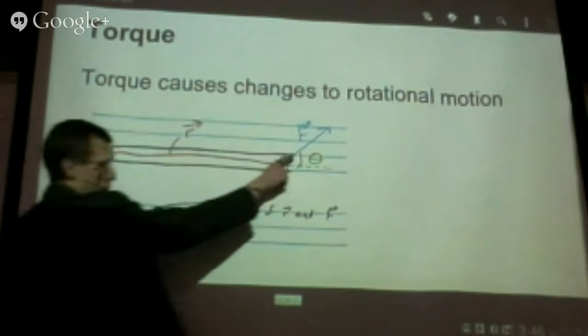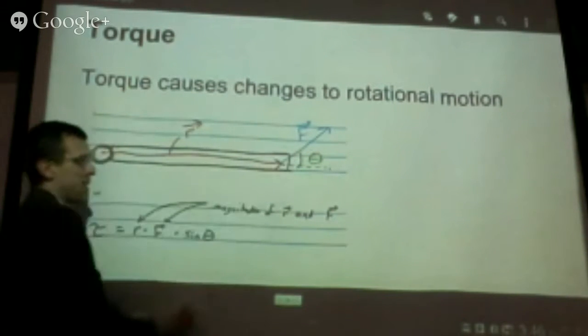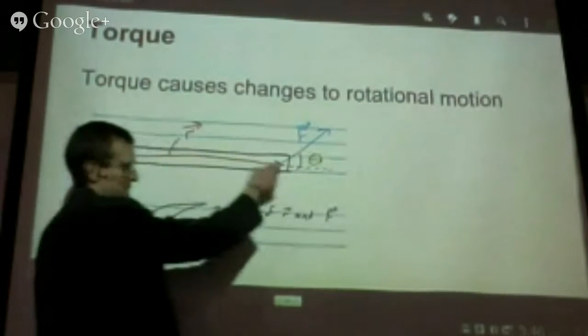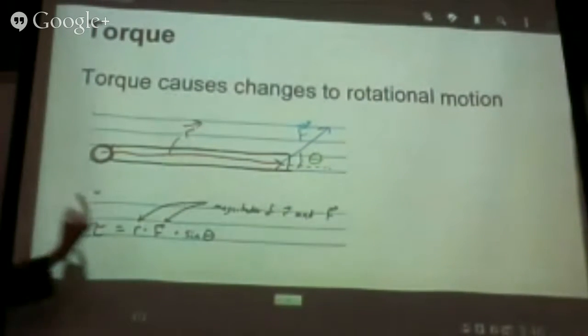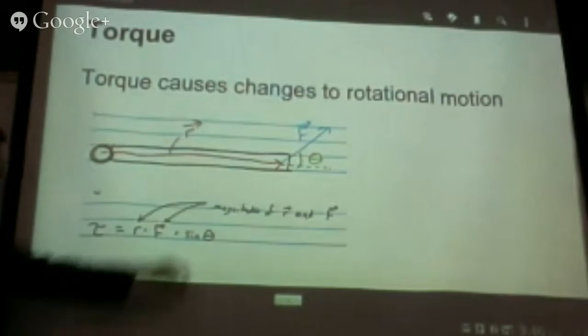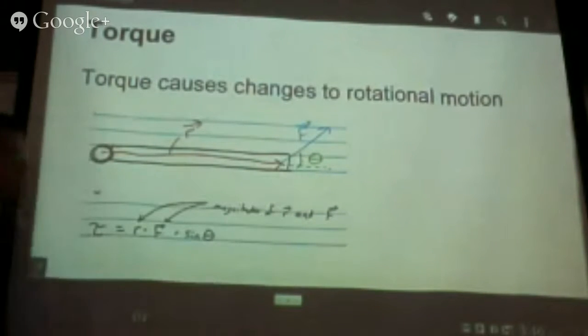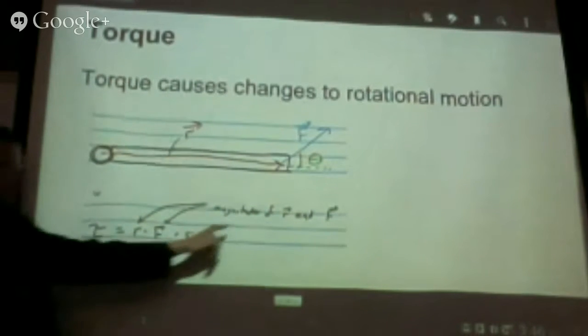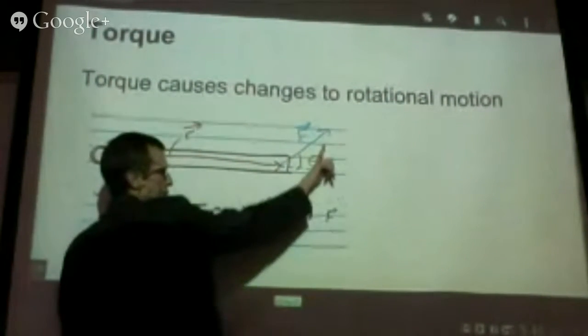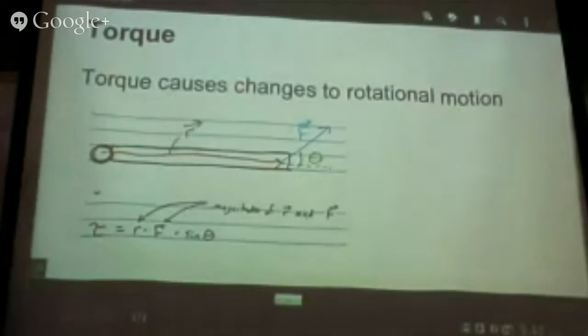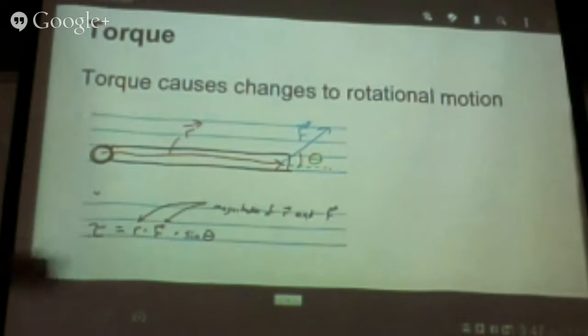So this force points up and to the right. The part that's to the right doesn't make this door rotate. It's only the part that's upward that makes it rotate. This is just straining it against the hinges. So really we're doing F sine theta, which would get us the up and down component of that force, times the distance away from that center of rotation. That gets us our torque, and we use the Greek letter tau for torque.